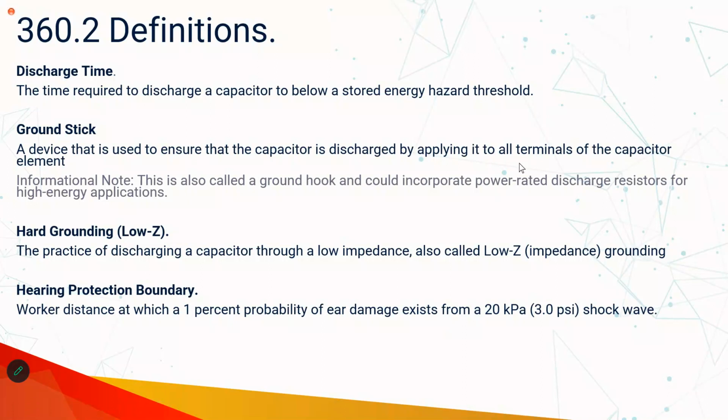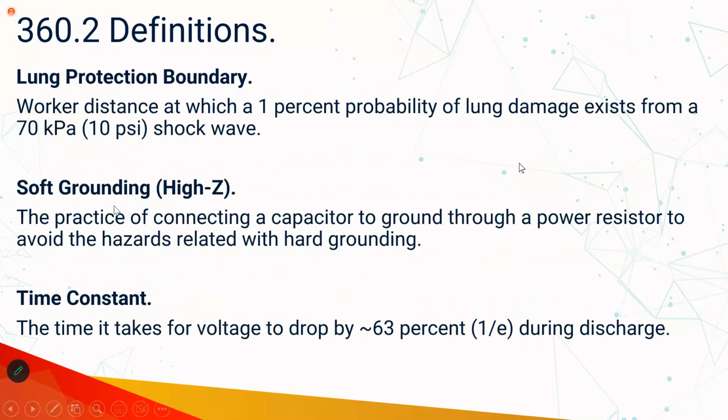Then the lung protection boundary is also covered here. It's a working distance at which there is a 1% probability of lung damage from 70 kilopascal shock waves, or 10 psi. So in the exam, they will check this knowledge, whether it's 50 kilopascal, 100 kilopascal, etc.